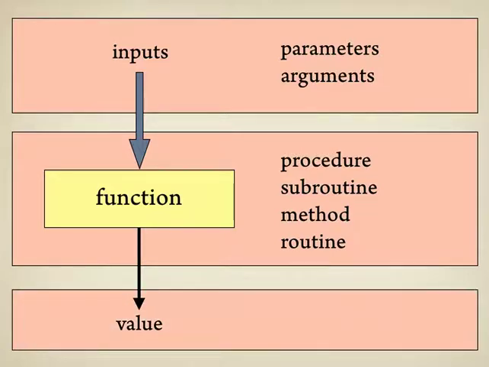Finally, the value is sometimes called the output or the return value because it's returned by the function, and in fact, we'll see that we actually have a return statement, a keyword return. So all of these words on the right are synonyms for the 3 ideas that I've been describing on the left using the words inputs, function, and value. And you'll hear me use all of those words on the right because they're just part of the language and everyone uses them more or less interchangeably. So it's good to get used to them.